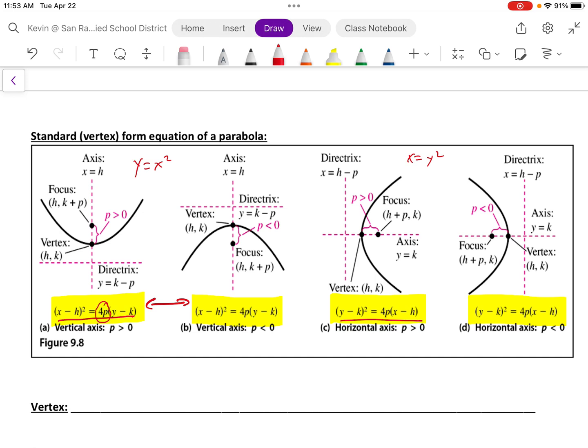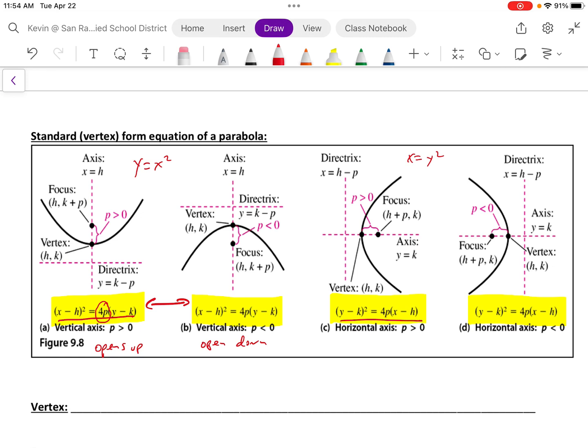Now, the difference between these two is, in this case, p is positive. And you will notice this is 4p, I know, but don't worry about it. But p is positive. So when p is positive, then we have it opening up. So this opens up. When p is negative, then it opens down. And that's when we're talking about a vertical axis.